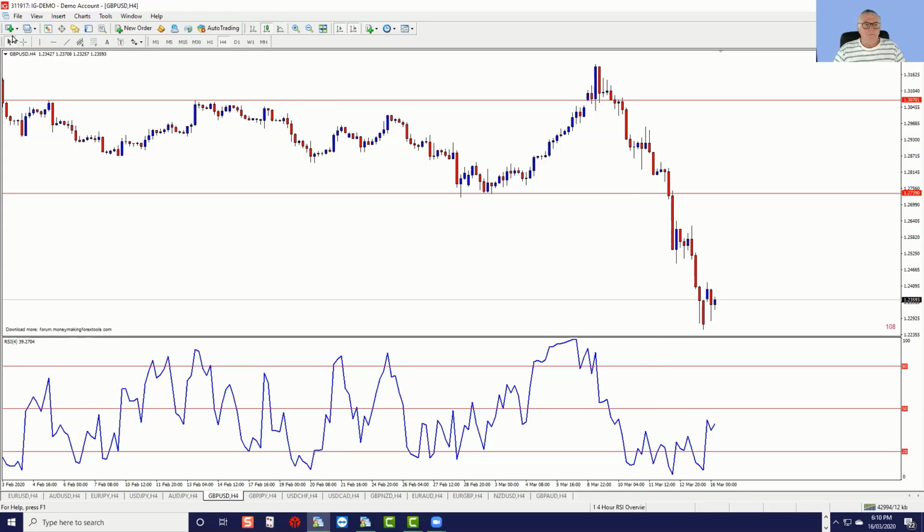So you would actually enter a sell over there. You start selling there, and then you keep on entering sells when it crosses the oversold area. So you would enter a sell there, you would enter a sell there, and you would enter a sell there, and you would enter a sell.